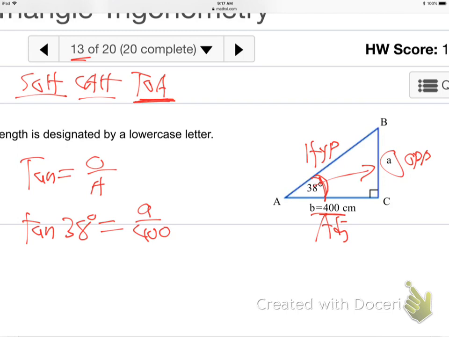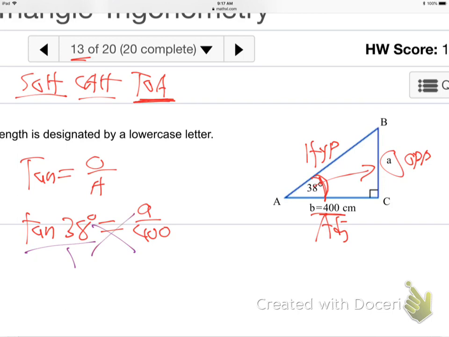How do I find the little a? What do you do when you have a fraction on one side and a whole number on the other? Make them both look like fractions, put that over 1, and cross multiply.